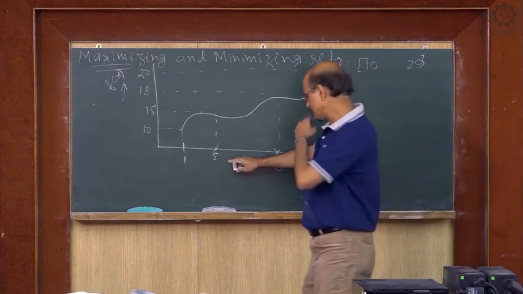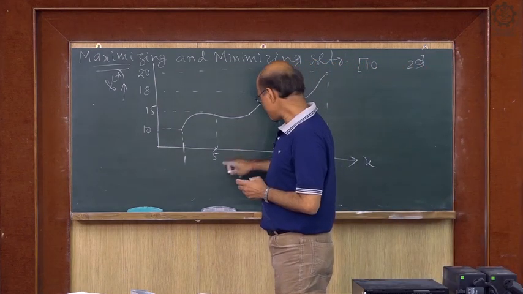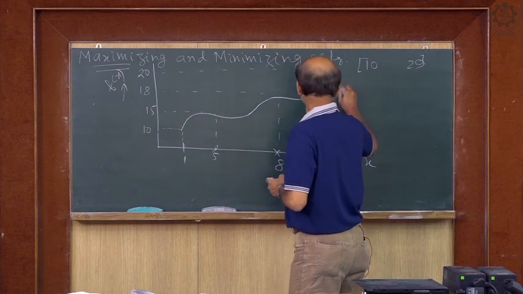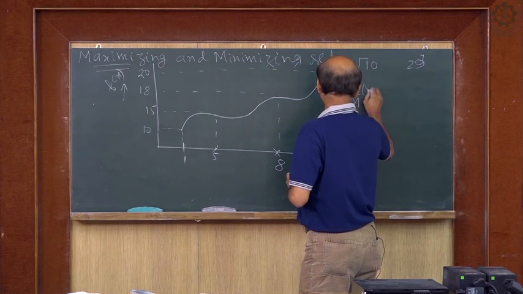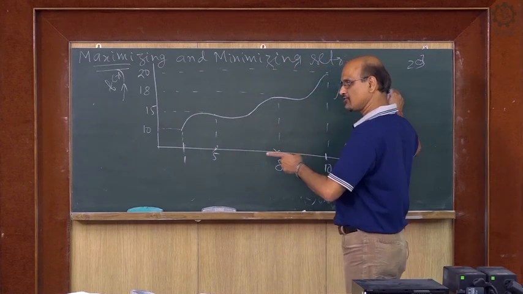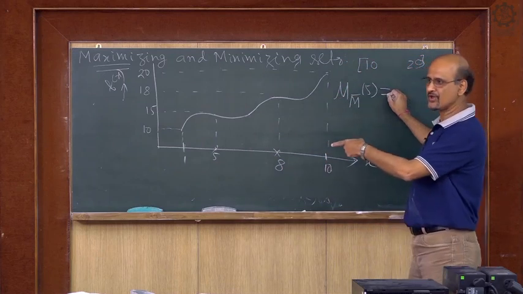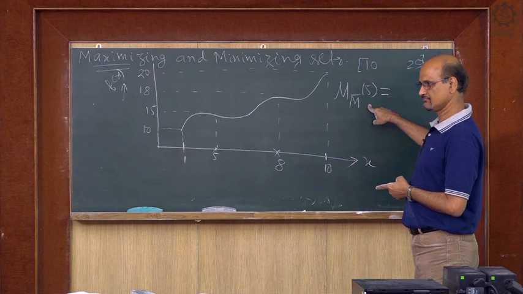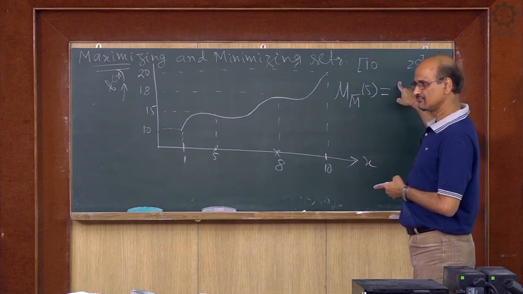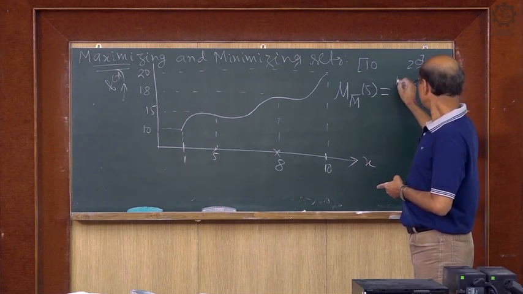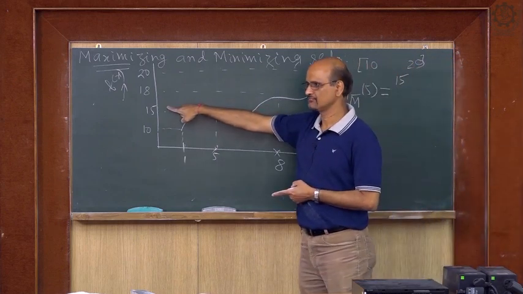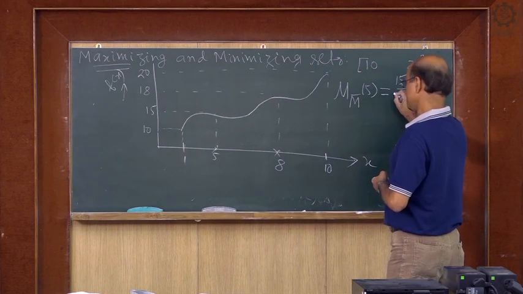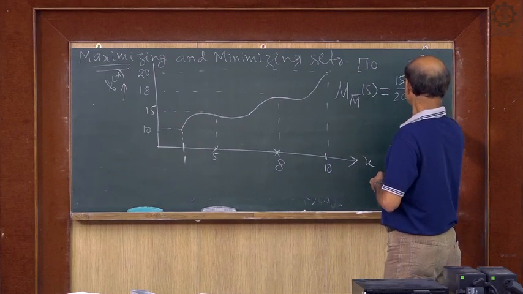Here suppose I want the maximizing set value mu m bar 5, where 5 is your x as per the definition we have written. Then I will have f of that. What is that? 15, it is given in the graph. 15 minus 10 by 20 minus 10. So what is that?